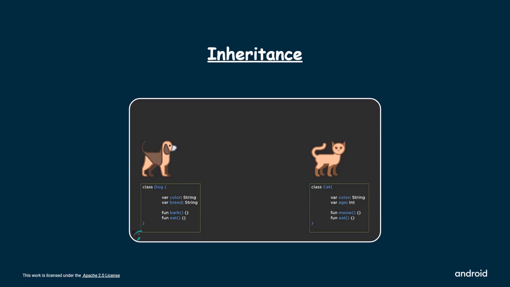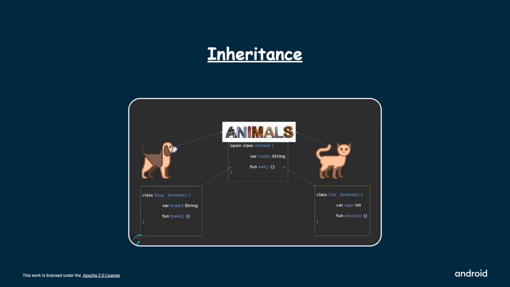So why write them two times? Using inheritance, we only have to write the common things once. Like here you can see that we have extracted the common things from both the classes and put them in another class, animal. The dog and cat classes extend the animal class by using the colon symbol.